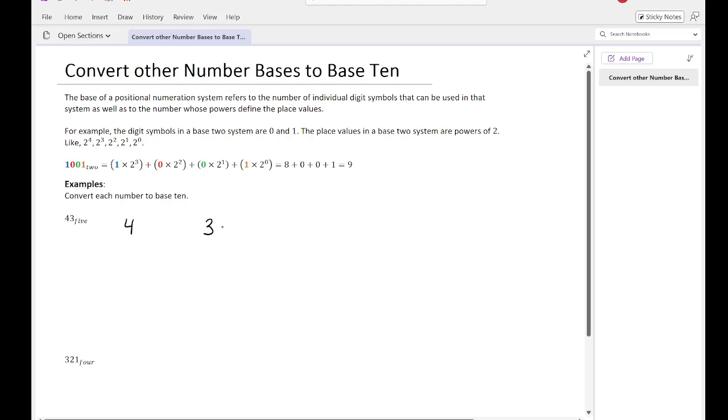I start off with times 5 to the 0, and this is times 5 to the first, and I'm going to add them together. So 4 times 5 to the first is 20, and 3 times 5 to the 0 is 3 times 1, which is 3, and that gives me 23. So 43 base 5 is 23 in our system.